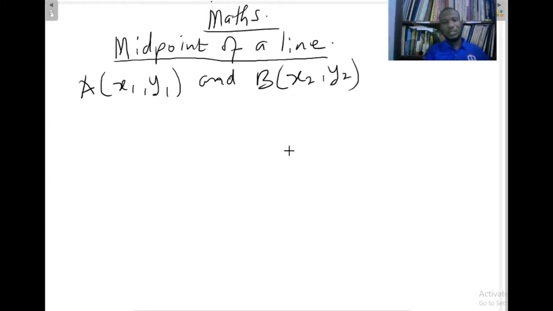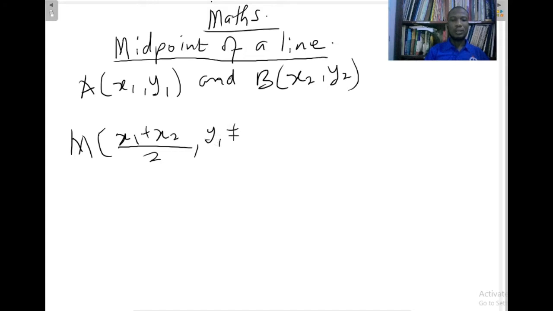Then the midpoint of the line joining A and B, which we might want to call M, will have the coordinates x1 plus x2 all over 2, and the y coordinate will be y1 plus y2 all over 2. All right, this is it.